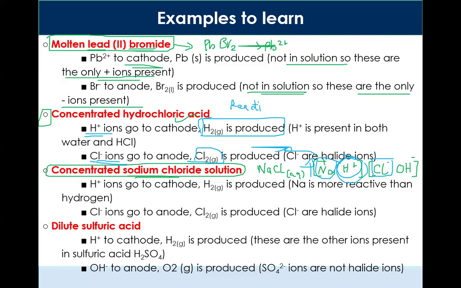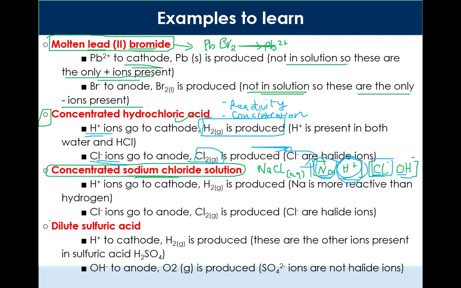Another important factor is the concentration. How much concentration of that ionic compound is present in the solution, right? So that also determines which of these two species will get discharged.